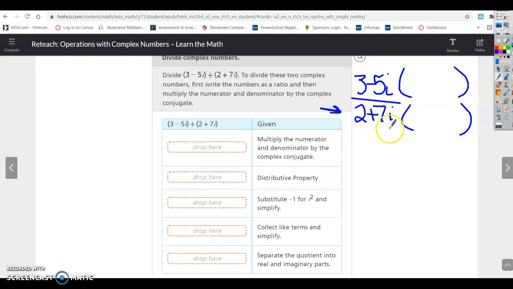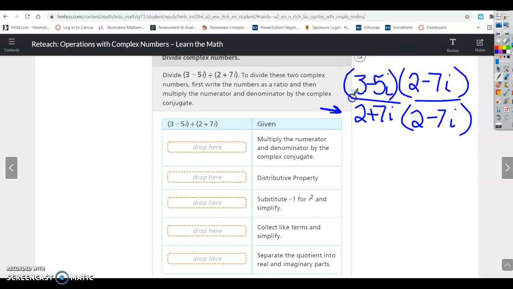So we want the denominator to be a rational number, so it can't include an i. So the complex conjugate is the same binomial, different sign in the middle. So we're going to do 2 minus 7i. And then again, remember, if you multiply the top and the bottom by the same thing, anything divided by itself is just 1. So we're basically multiplying by 1. So we're just manipulating the problem.